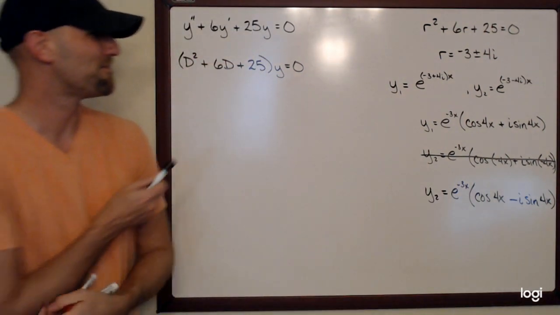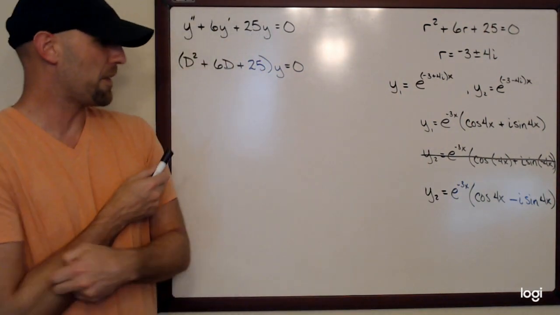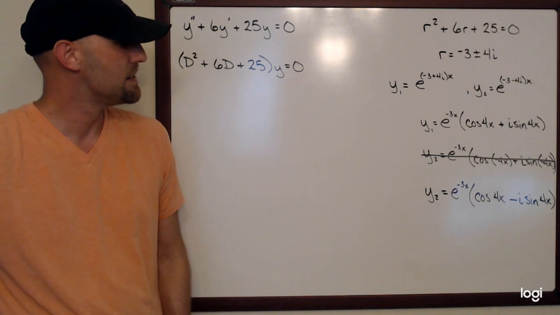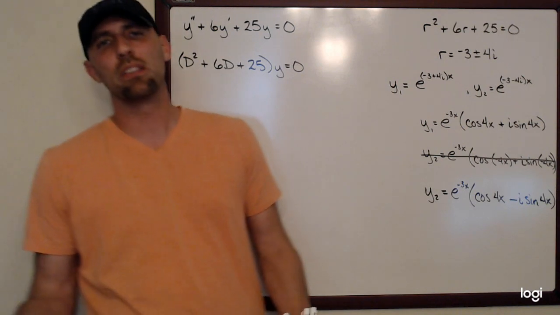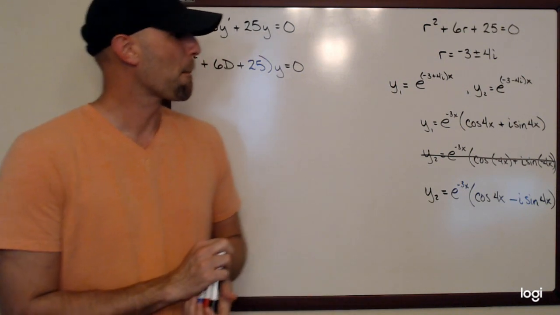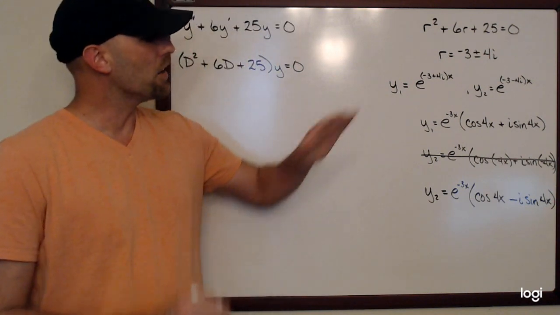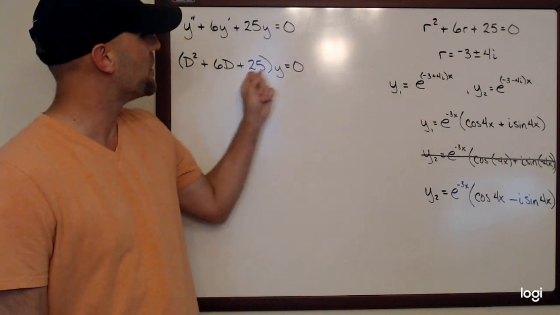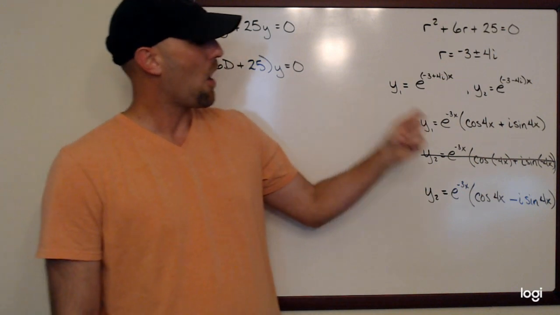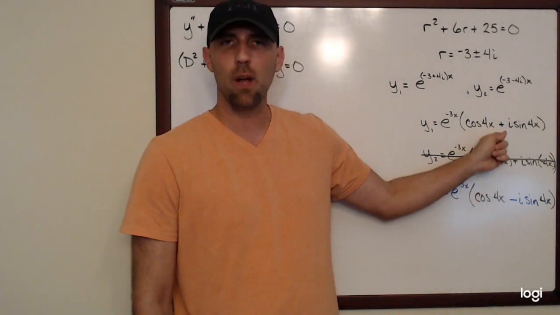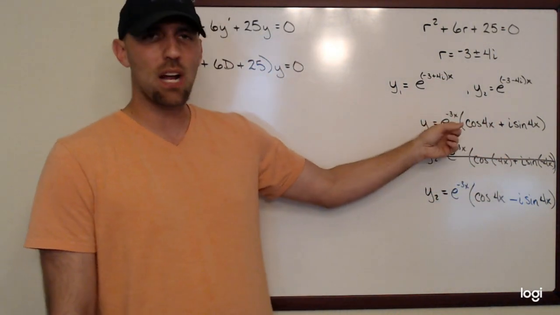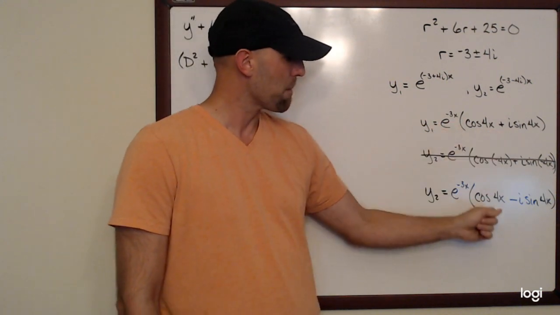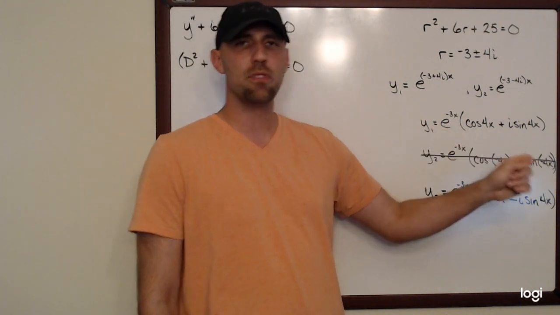Okay, now, fine. But they're still complex valued. Okay, but remember, I know that the solutions I have to this equation are any linear combination of these, right? It's any scalar I can think of times this function plus any scalar I can think of times this function, right?